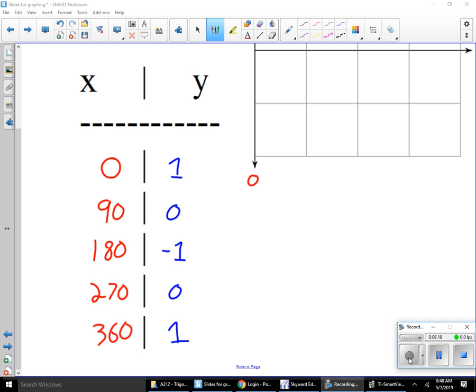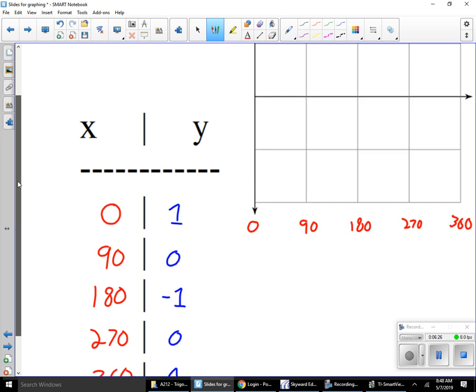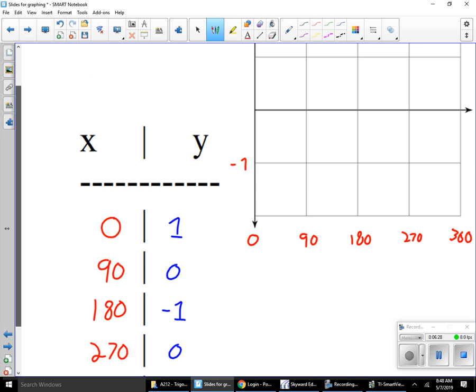I'll again do the axes on the outside of the graph: 0, 90, 180, 270, and 360. And on the y-axis, we care about -1 and +1. So cosine starts high, and then goes to the middle at 90, then goes low, then middle, and then high.